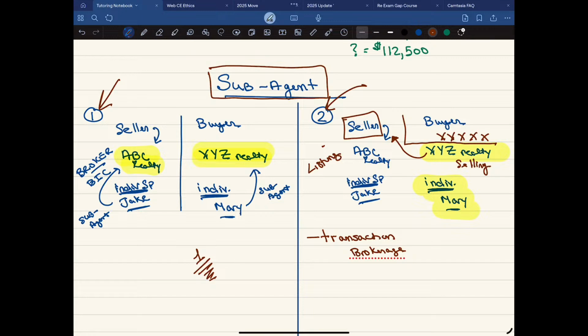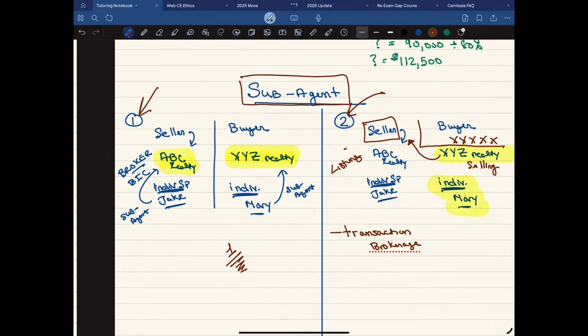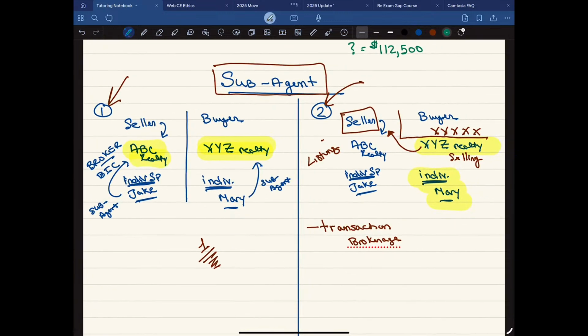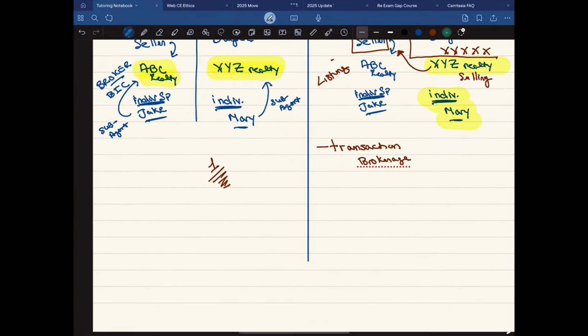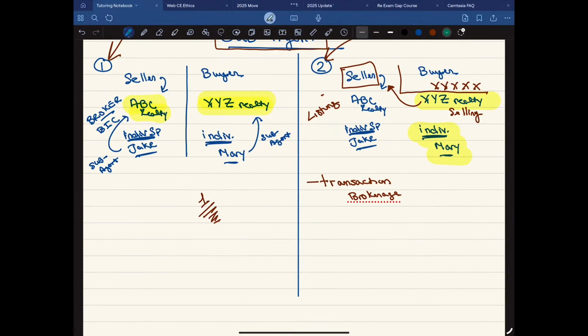So let's start with number 1. Anna, let's say there was a listing agreement between the seller and who? Whose name goes in that agreement?